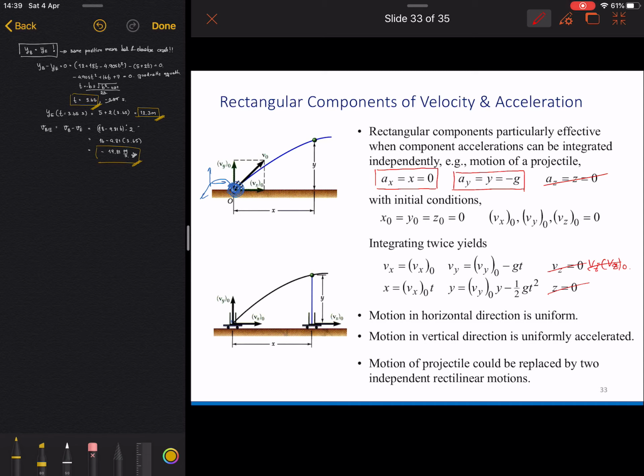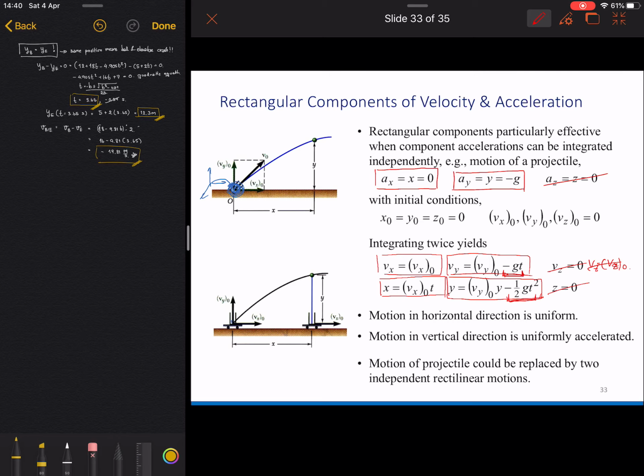And when you integrate acceleration at x, you will get this formula. And when you integrate velocity on the x-axis, you will also get this. And this is for y. As I mentioned, you get the gravitational force terms, and here also the same. Okay, so this is what you have to understand.